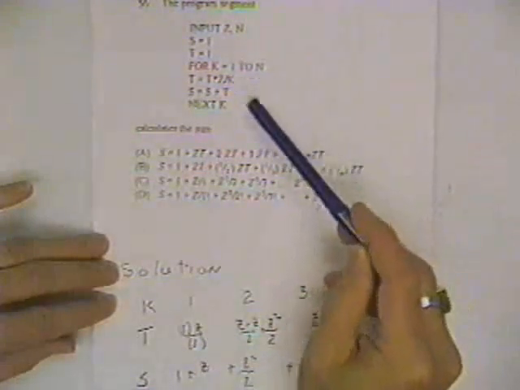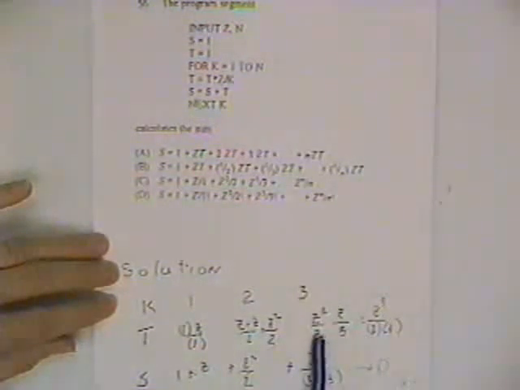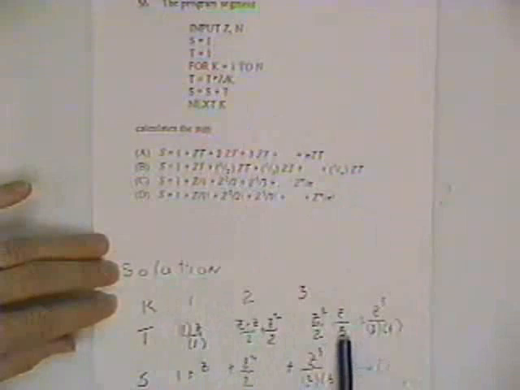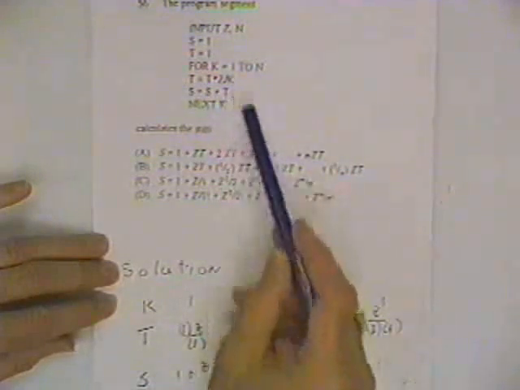The program continues to go back, increment k to become 3. You then continue and calculate a new value of t, which is now going to be the old value, z squared over 2, times z divided by the value of k, which k is now 3. So we end up with z to the third power over 2 times 3. We come then down, increment s. s is the old value, which is this part, plus t, which is this part, and that continues.